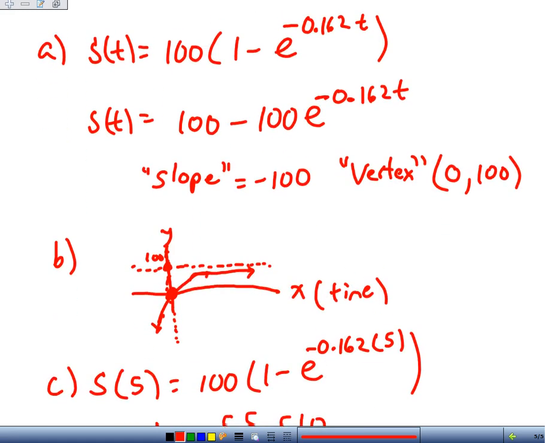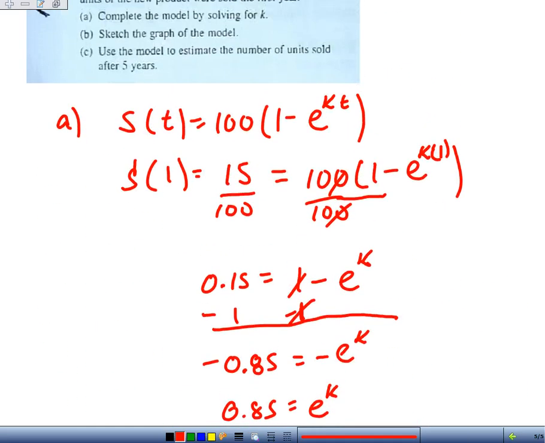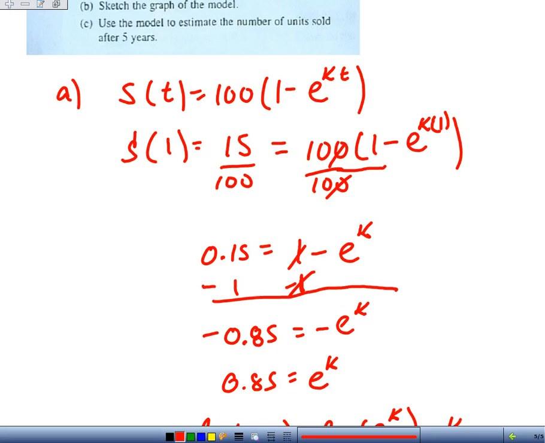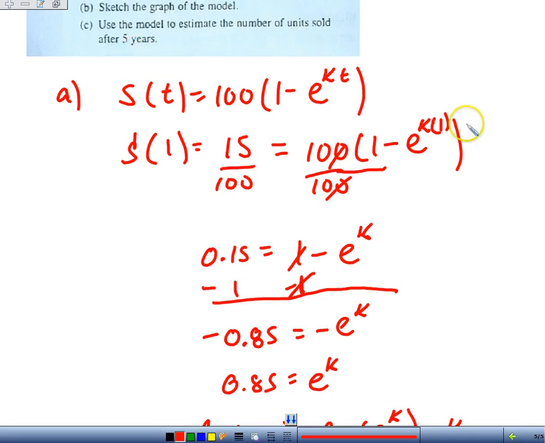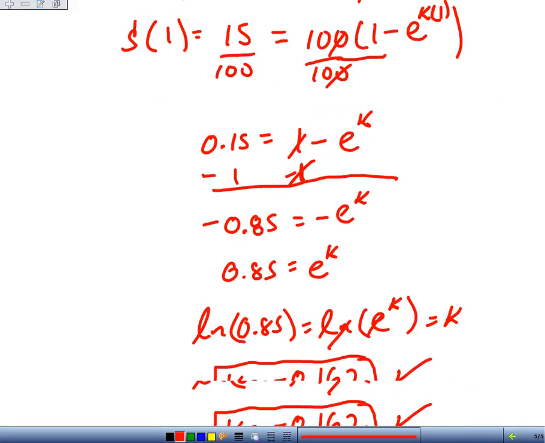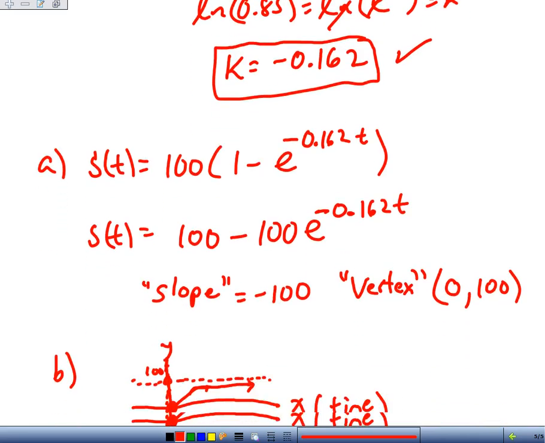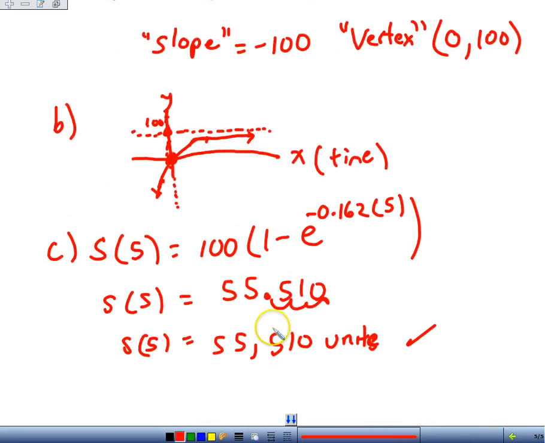All right. So now, once again, it says estimate the number of CD burners sold after 5 years. So we have the equation. We're going to find S of 5 and put 5 in here, substitute 5 for t, and we're going to work it out.